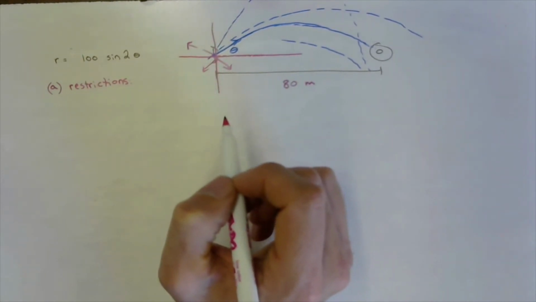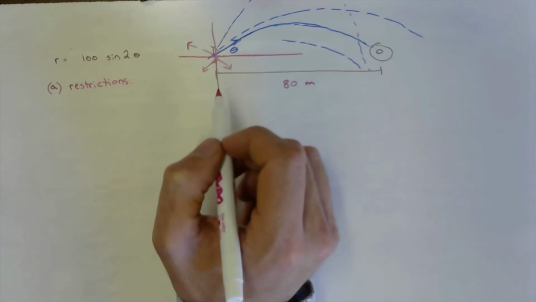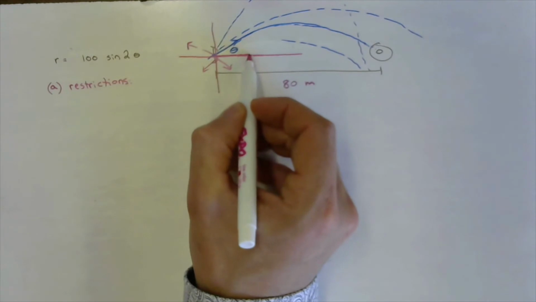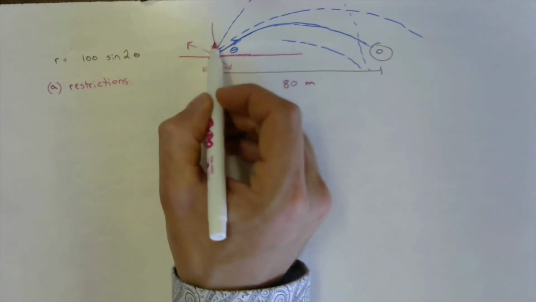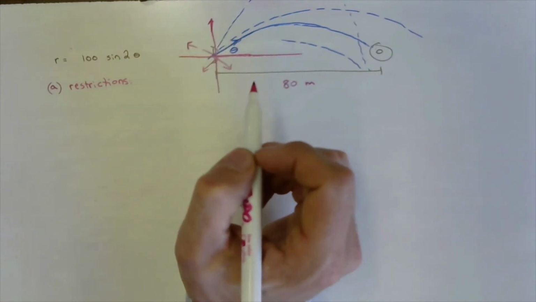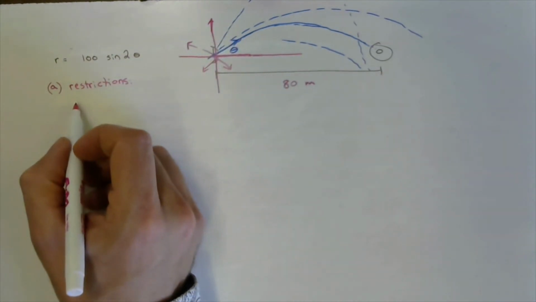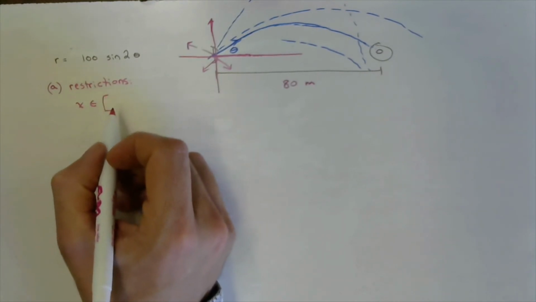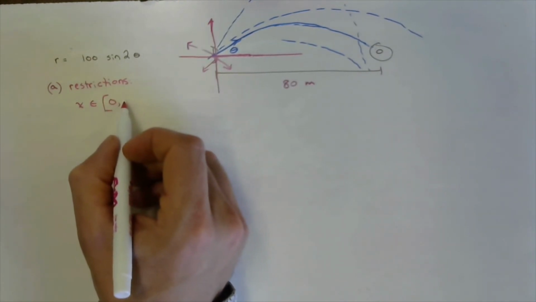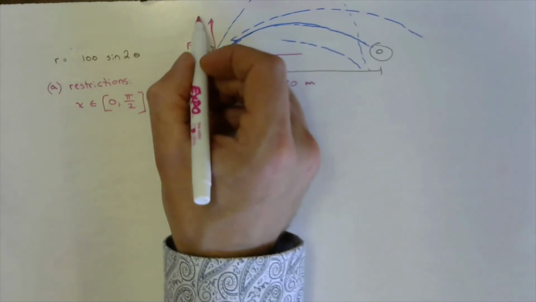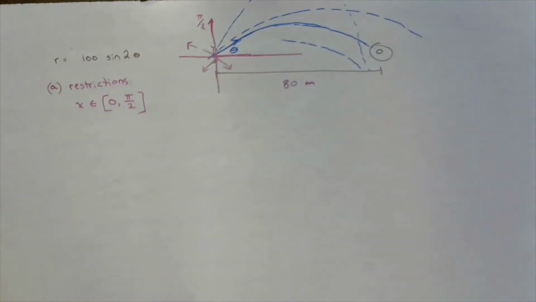It could, technically. But you would probably say it's going to go from 0 to 2 pi, and it can't get to 2 pi even because that's straight up, and what goes up must come down. So its restriction is that x is going to belong to anything from 0 to pi over 2. I think I said 2 pi by accident, but this is pi over 2.